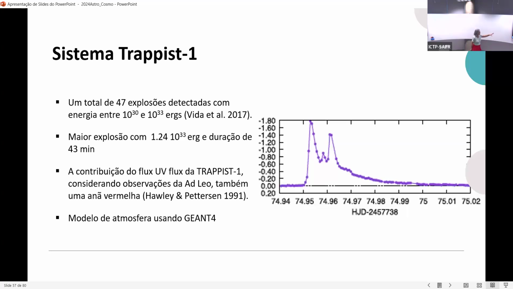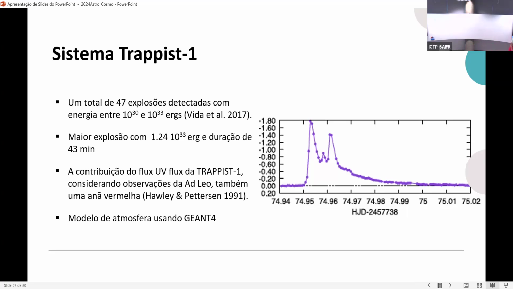It's not going to produce a super flare, but it is going to produce flares that are at least 10 to 100 times more energetic than the largest solar flare. So the impact is going to be huge.